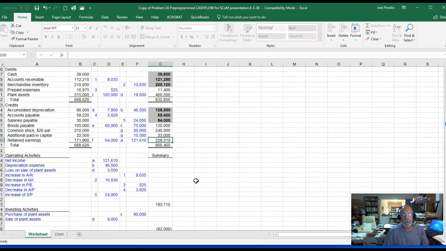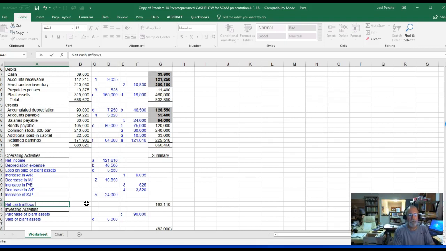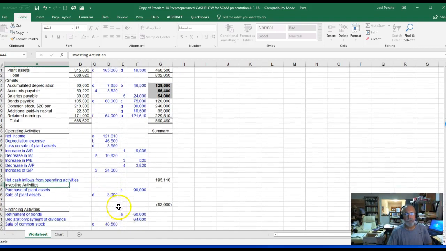So what we are reflecting at this point would be, under operating activities, we would call that net cash inflows from operating activities, 193,110.